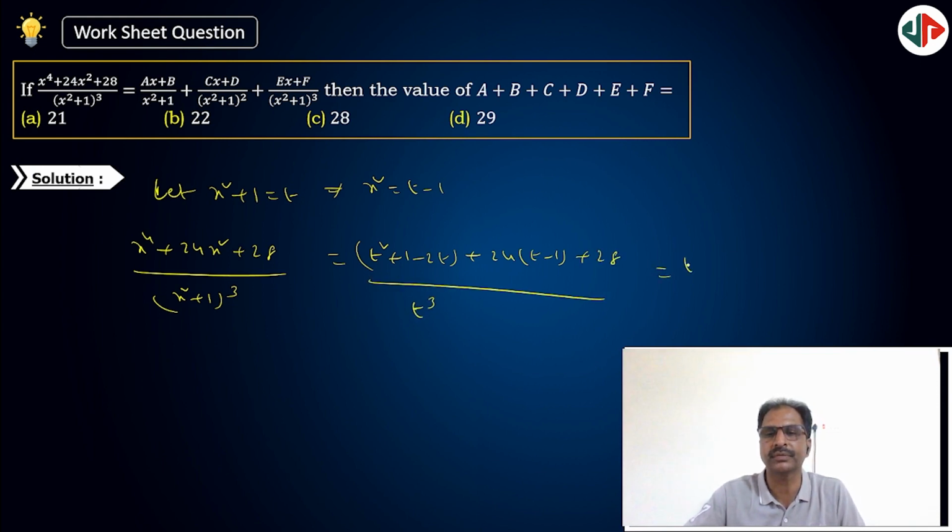So this is t square, 24t minus 2t, 22t, constant minus 24 plus minus 24 plus 28, 4, 4 plus 1, 5 by t cube.